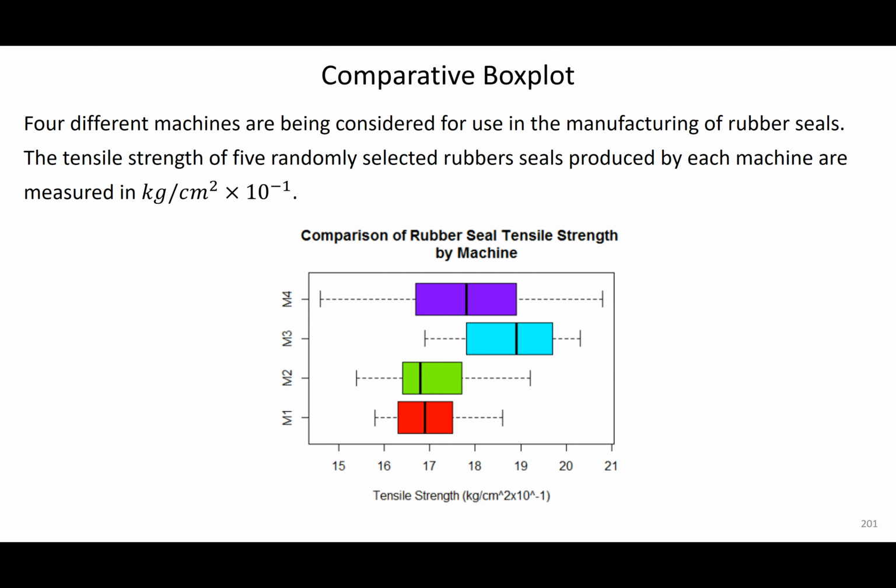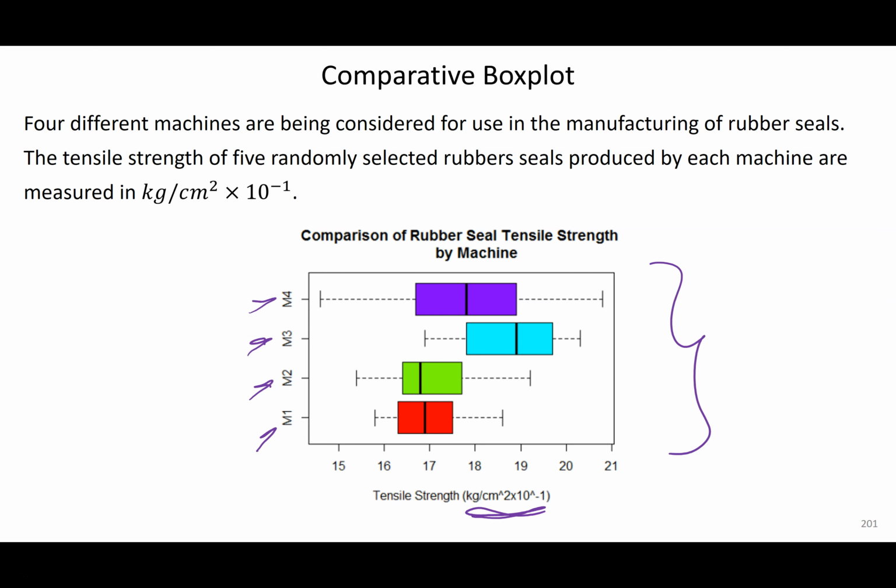So comparative box plot, we often like to have box plots by groups. So in that scenario where we were looking at rubber seals produced by different machines and looking at the tensile strength, there are the units for the tensile strength. We're looking at machine 1, machine 2, machine 3, machine 4.